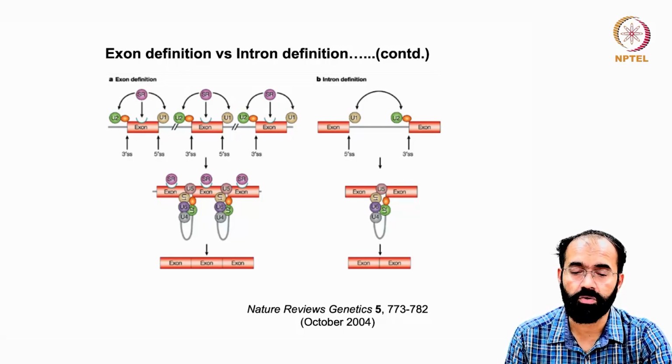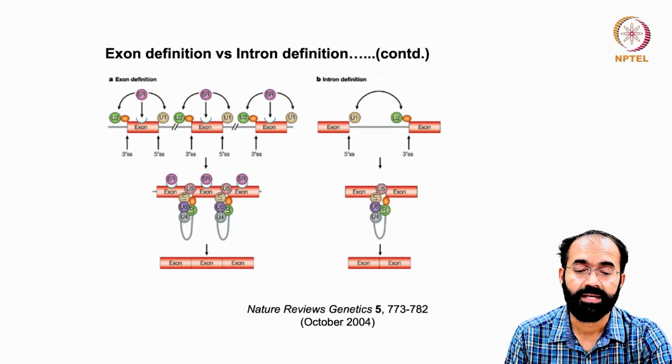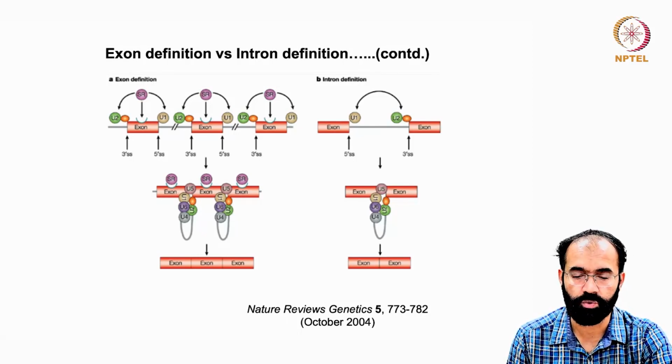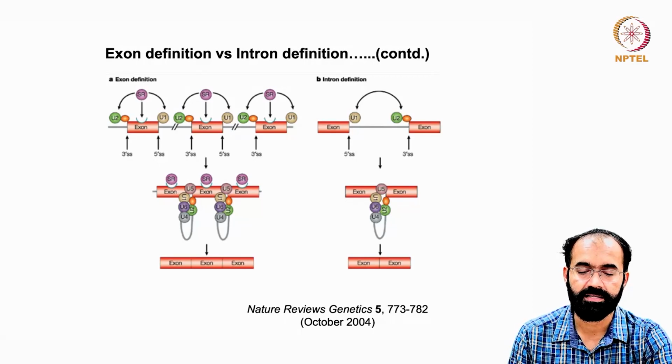U2 is not exactly on the 3' splice site, but it is very close to the vicinity of the exon-intron boundary. So here U1 binds onto the exon-intron boundary, whereas U2 interacts with the downstream exon via a protein linkage. So the boundary of an intron is in between these two, ideally the gap between U1 and U2. So this is the intermediate complex, because of which the intron is expelled and the exons get spliced.